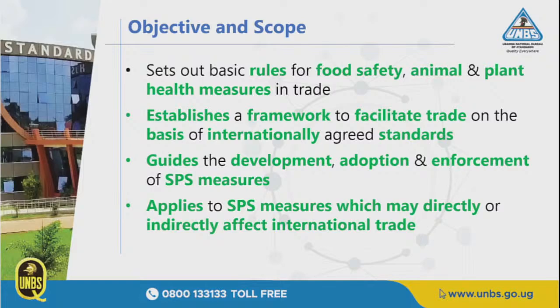And we harmonize these standards by adopting the relevant international standards or by adapting international standards to our context. The agreement also applies to SPS measures which may, and this was already mentioned by Diana, directly or indirectly affect global trade. So that is the objective and the scope of the SPS Agreement.